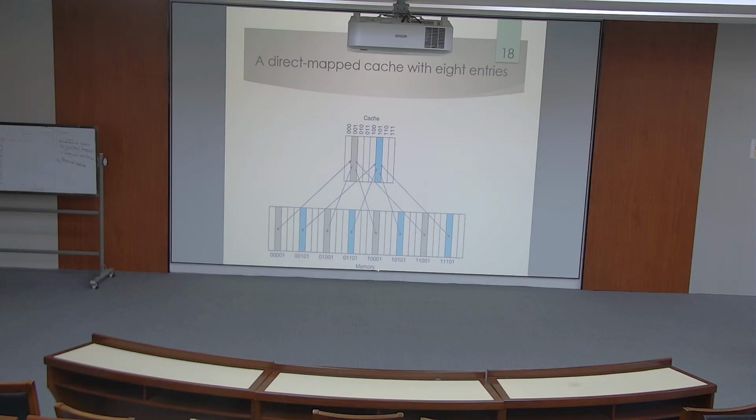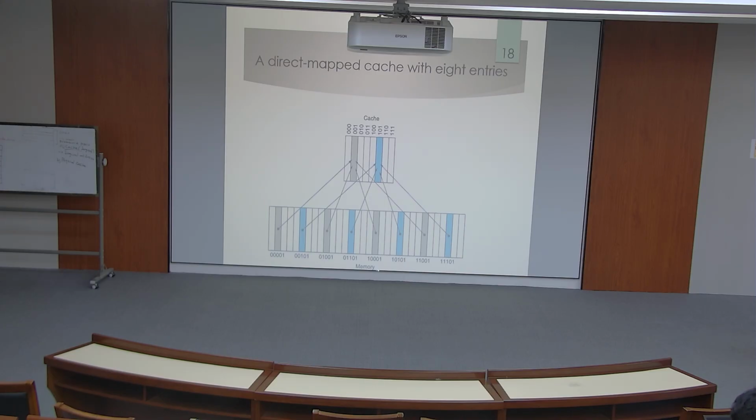Then block number 8 will be loaded in which cache line? We have 8 cache lines, and we are using the direct map caching technique. 8 mod 8 is 0, because 8 divided by 8, the remainder is 0.